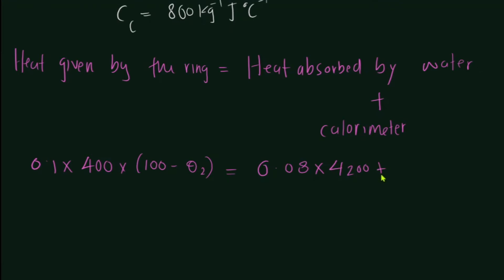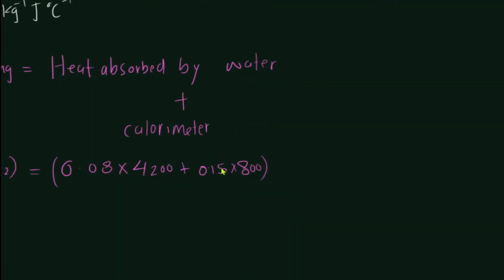So the temperature difference is theta 2 minus 16. The mass of the calorimeter is given as 0.15, and its specific heat capacity is given as 800. Both were initially at 16 degrees Celsius, and finally they reach theta 2, so the temperature difference is this much.